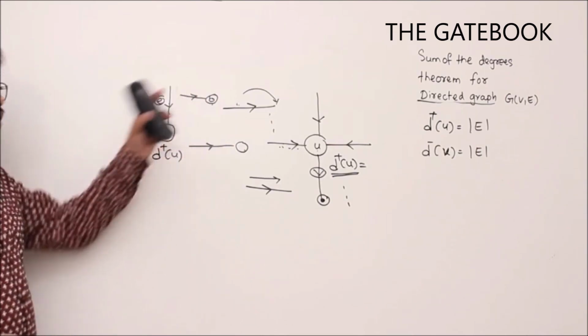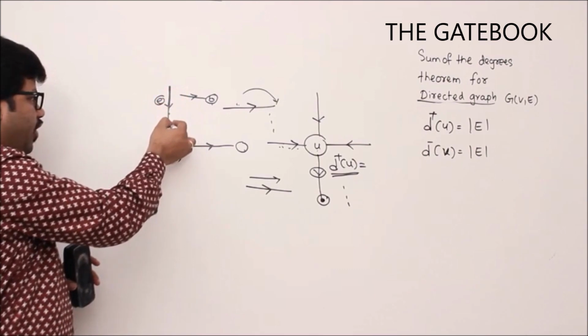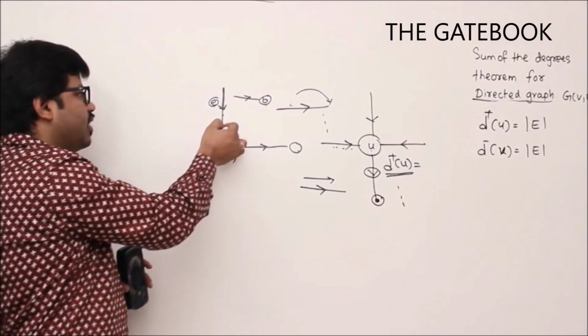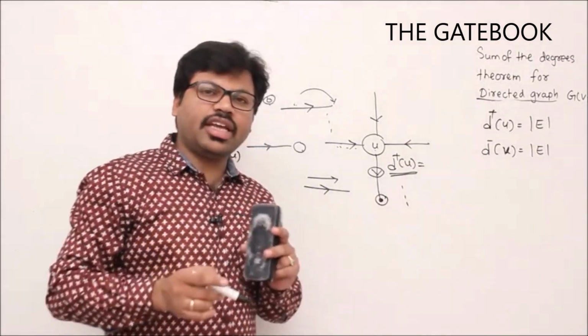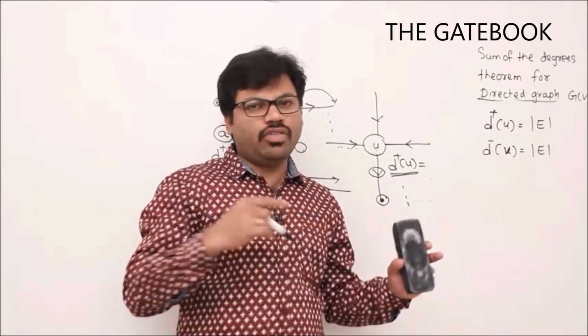Imagine, will it happen? Try to draw this kind of edge which is incoming for vertex A and vertex B at a time. It is impossible. When it is impossible, every edge is definitely incoming for only one vertex.